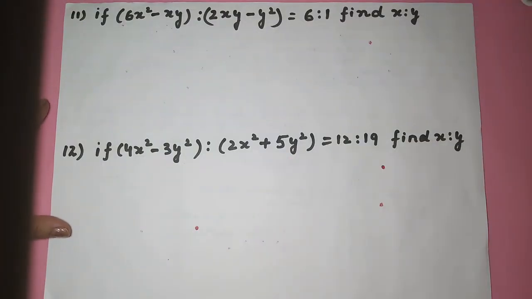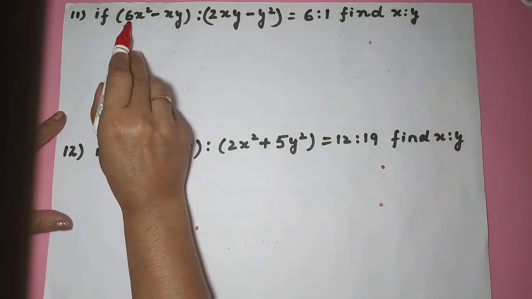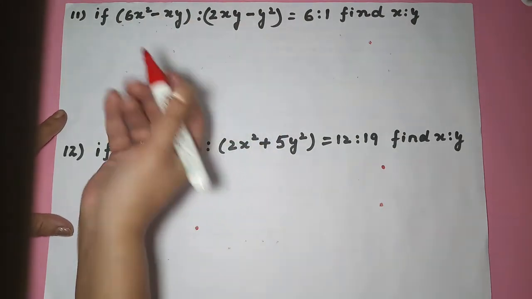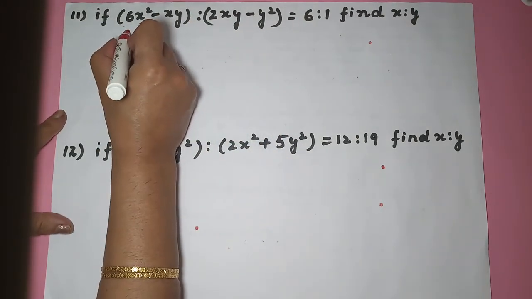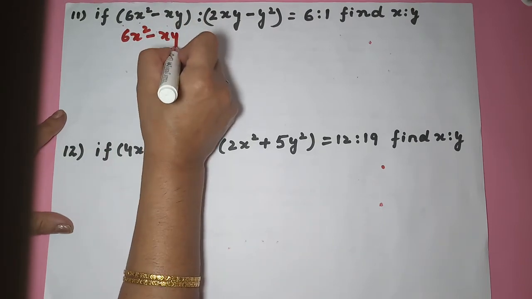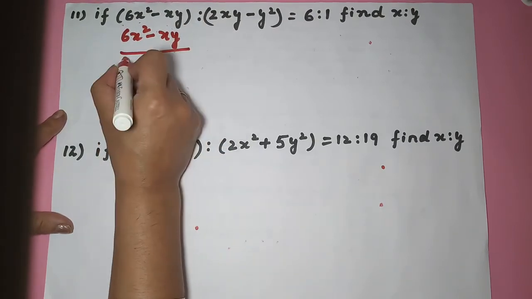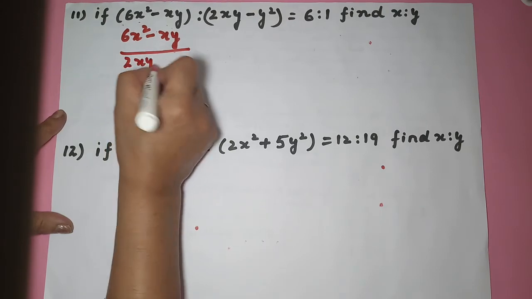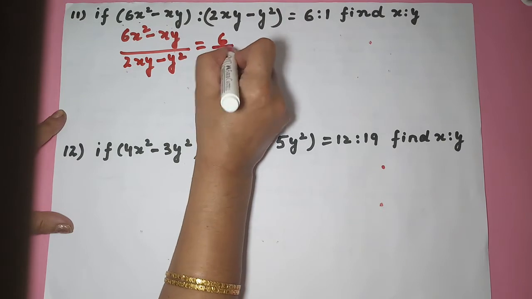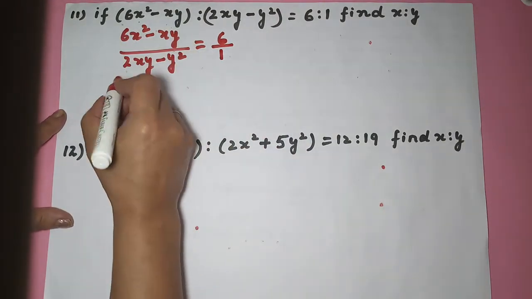Now another type in which now you have, in place of x, now you have x square. Right? Let's see how we can deal with this. We have (x square minus xy) upon (2xy minus y square) equal to 6 upon 1. Same procedure, we'll cross multiply.